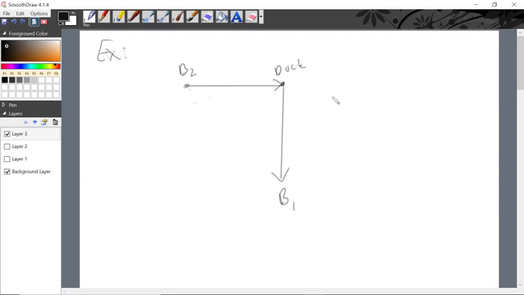And we want to find out for any time along this journey, at some arbitrary time along this journey, there is going to be the associated distance between the two of them. I'm going to call that D. So D is going to be the distance from boat 1 to boat 2.